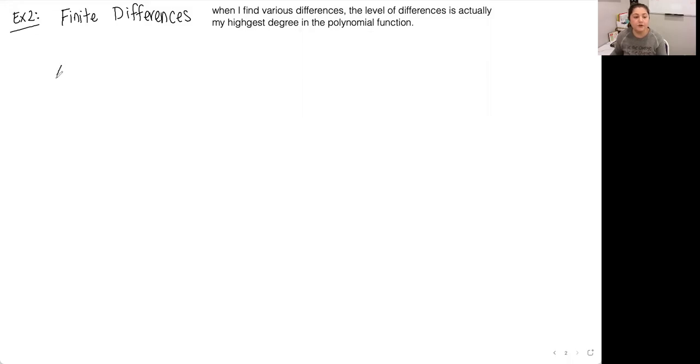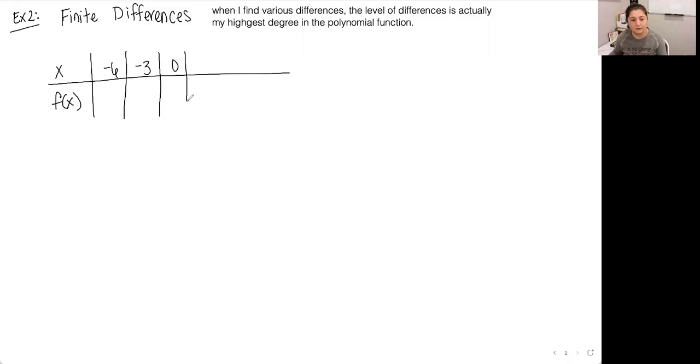Okay. So usually I have an x and an f of x, and let's call these my points. And then I'm going to have my f of x as these points right here.